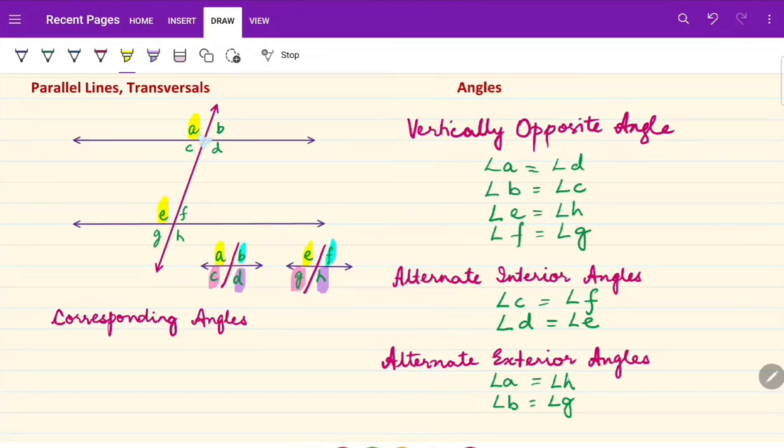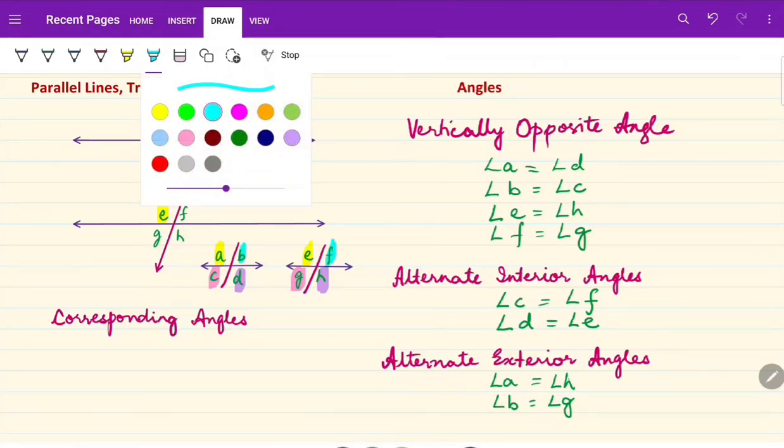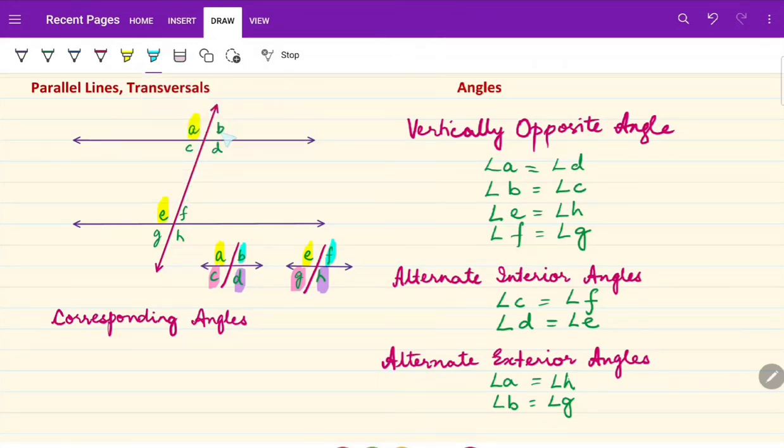So A is an exterior angle and E is an interior angle. So A and E correspond with each other. Likewise, B and F correspond with each other. Again, B being an exterior angle, F being an interior angle.